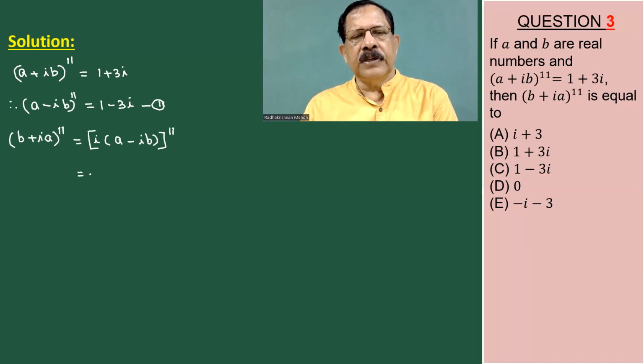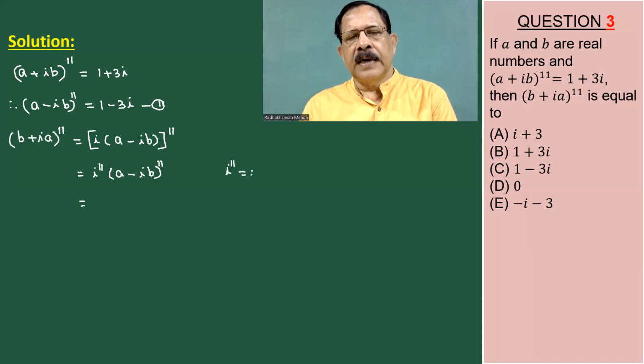So this is equal to i raised to 11 into a minus ib whole raised to 11. What about i raised to 11? i raised to 11 is i raised to 8 into i cubed, which is equal to minus i.